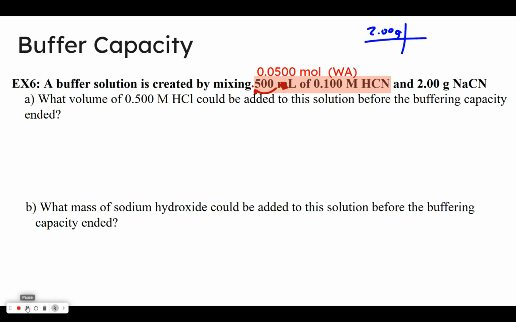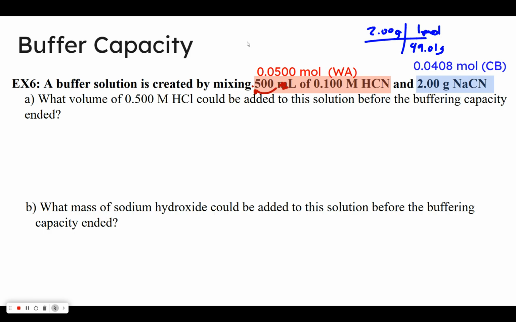So that's 49.01 grams per mole. Just some quick, normal calculations that we've done a million times there. Gets us 0.0408 moles of this conjugate base combined with my weak acid. So that's going to set the stage for everything that we're doing after this.